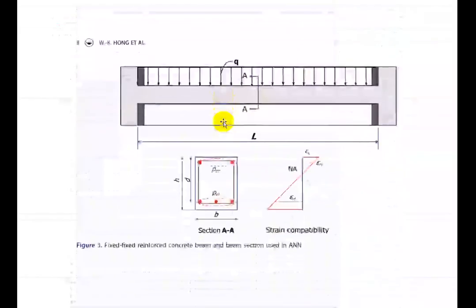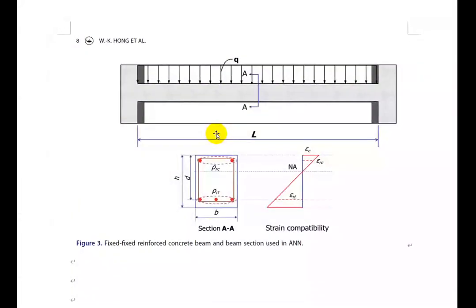Here, this is a doubly reinforced concrete beam section and side view, and we have rebars here and rebars here, whereas B is the width of the beam section, D is the effective depth of the beam, and H is the gross depth of the beam as well. We have L, which is the span length, and we have some loading Q, as you see over there for the designs.